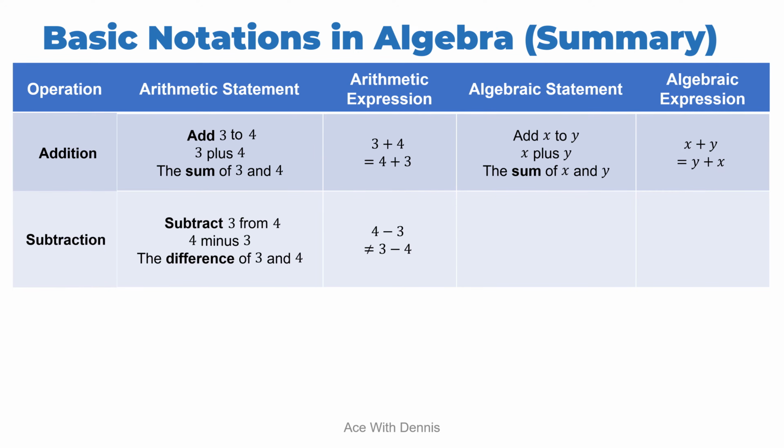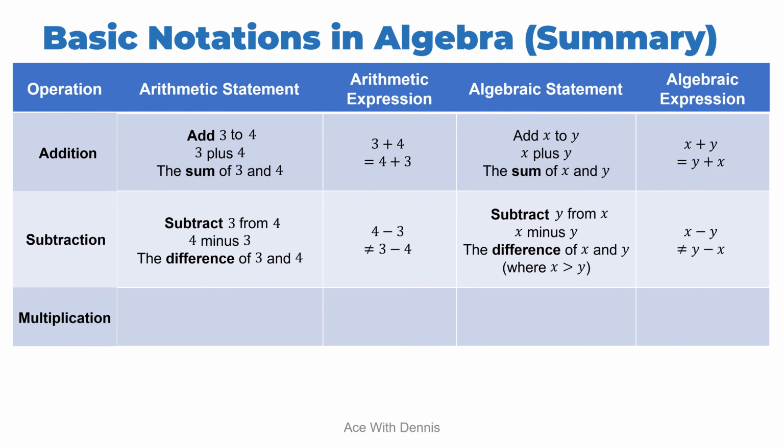In algebraic statement, subtraction operation can be mentioned as subtract y from x, or x minus y, or the difference of x and y, where x is greater than y. Hence, in algebraic expression, it can be written as x minus y, but it is not the same as y minus x.